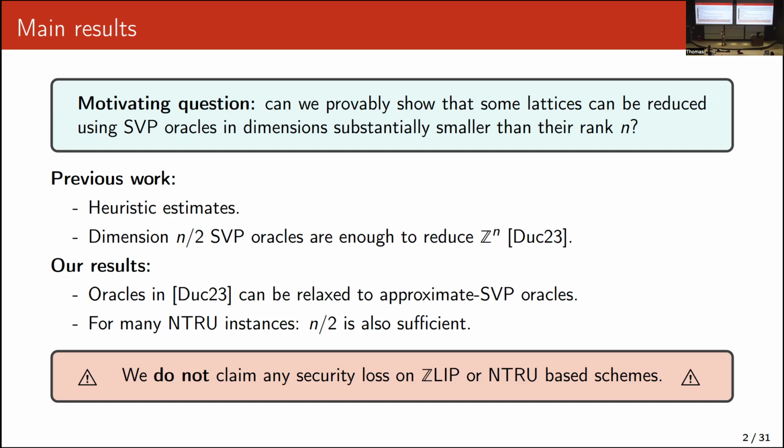So the motivating question is: is it possible to show that some lattices or families of lattices can be reduced using SVP oracles in dimensions that are substantially smaller than the rank of the lattices n?